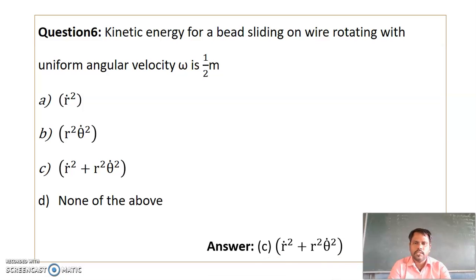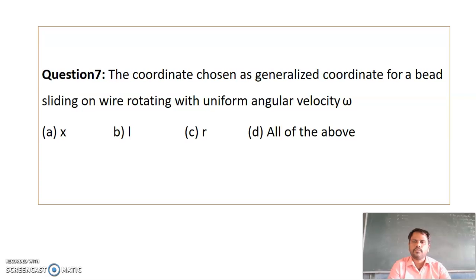So the option is C. Question number 7. The coordinate chosen as the generalized coordinate for a bead sliding on a wire rotating with a uniform angular velocity is r. So the answer is C.